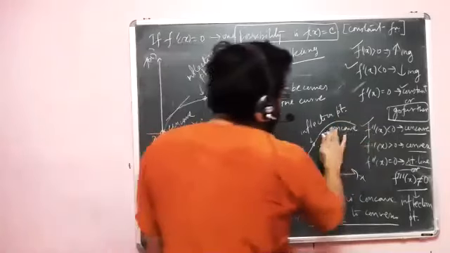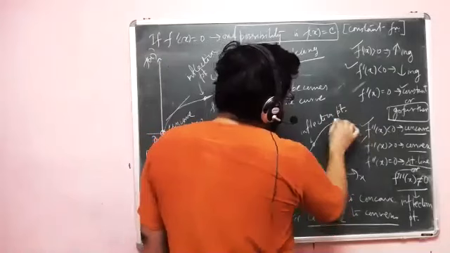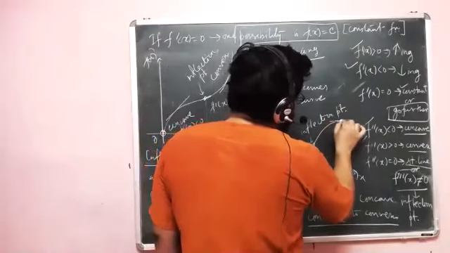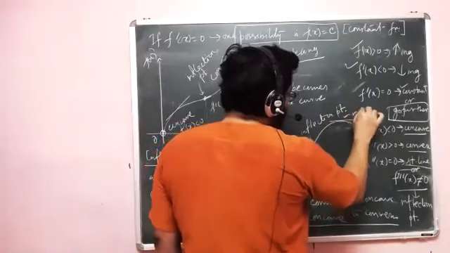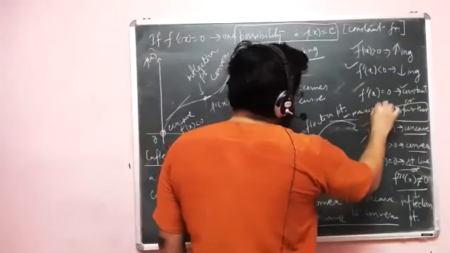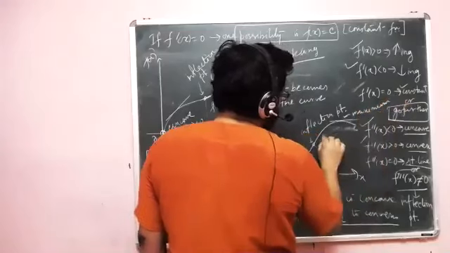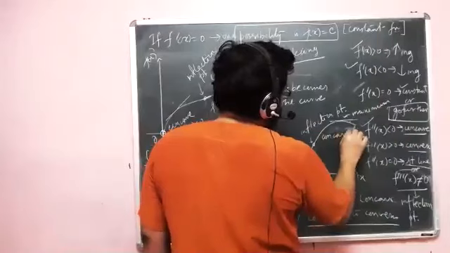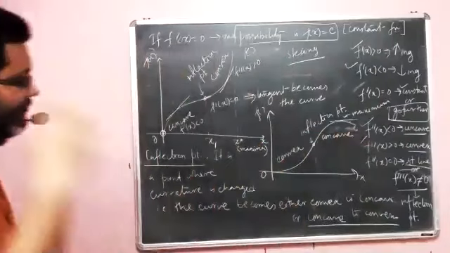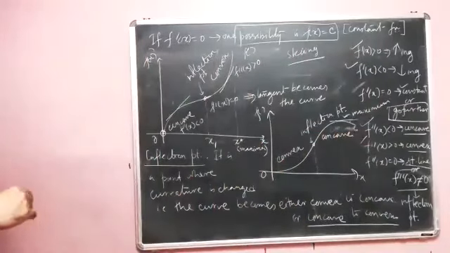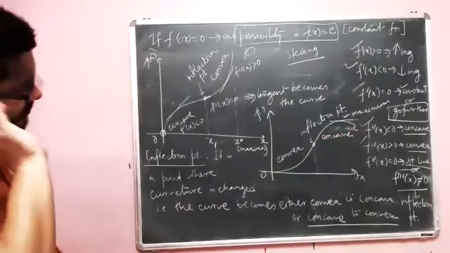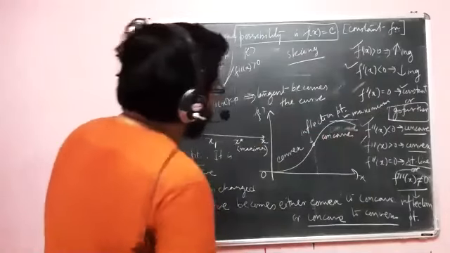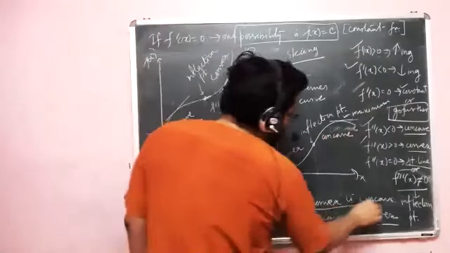For both of them it is concave. This is again a point of maximum. So this is a function which is going from convex to concave.